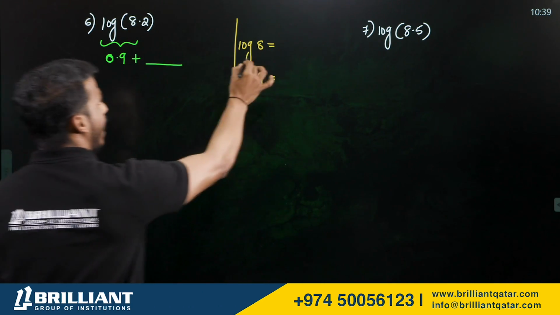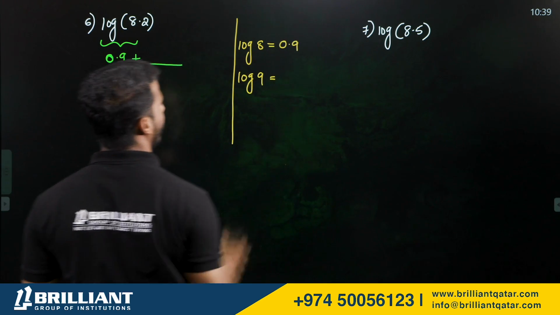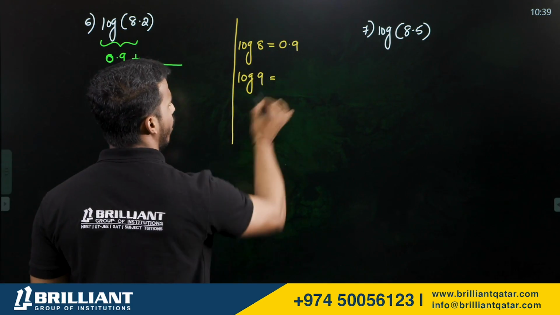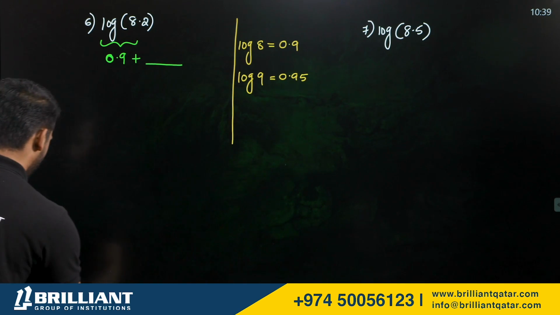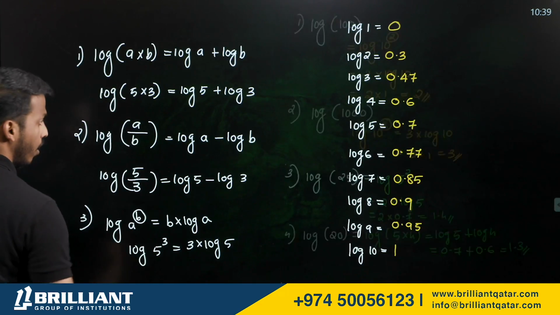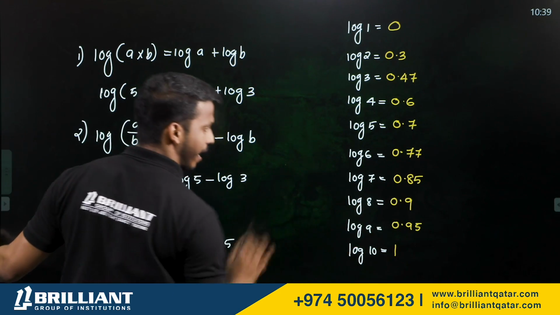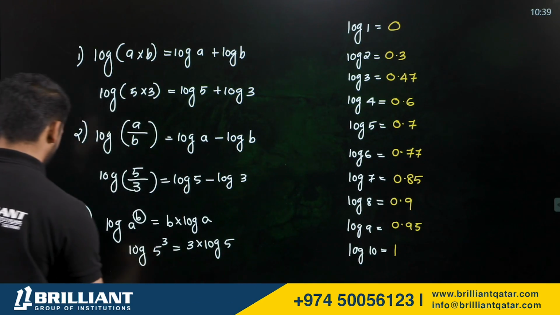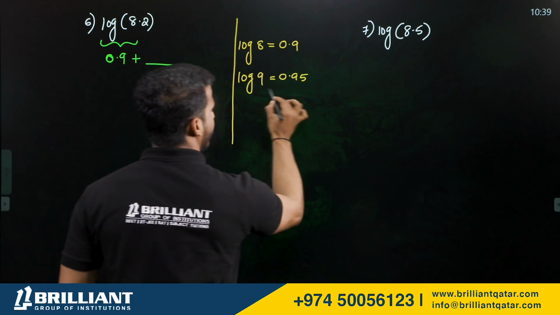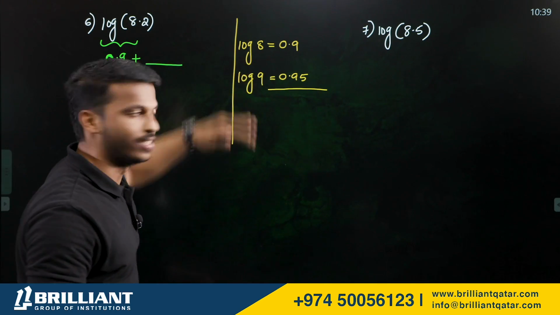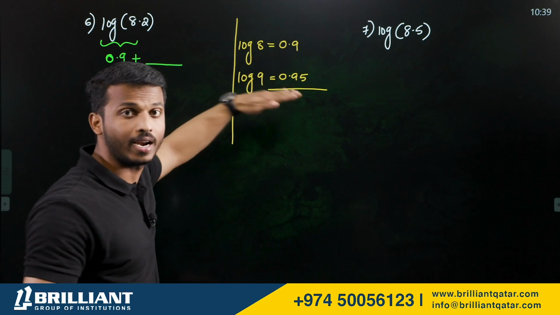So log 8 we know is 0.9. Log 9 is what? 0.95. All of you check it. Log 8 is 0.9, log 9 is 0.95. After that, what do we have to do? Take their difference, higher number 0.95 minus lower.